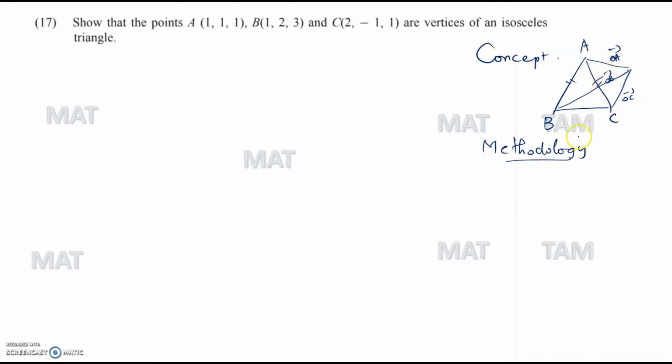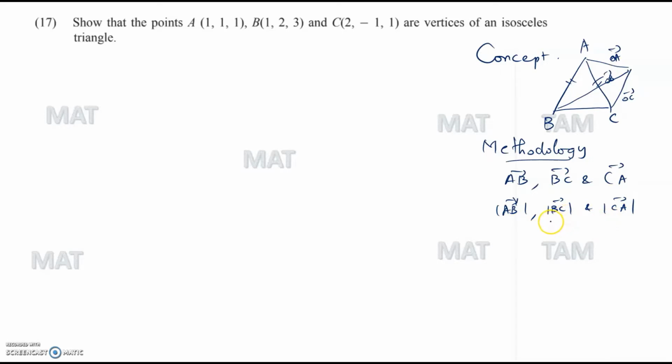And from these vectors, we can find vector AB, vector BC, and vector CA. So once we find these vectors, then we find the magnitude of AB, BC, and CA. And if you find any two of the magnitudes are equal, then it's an isosceles triangle.